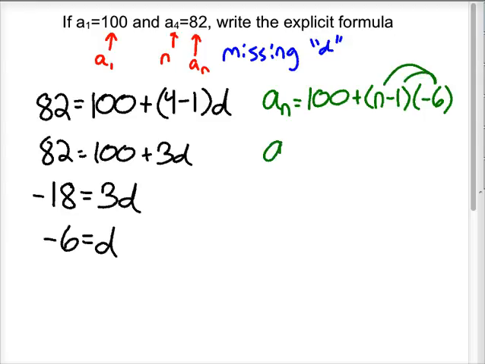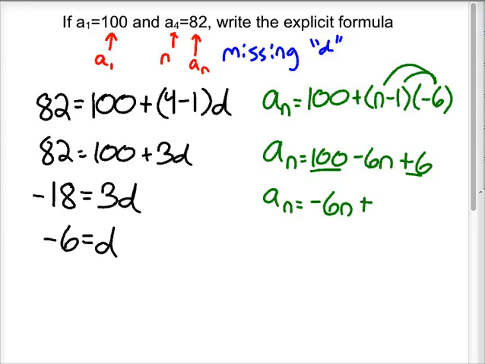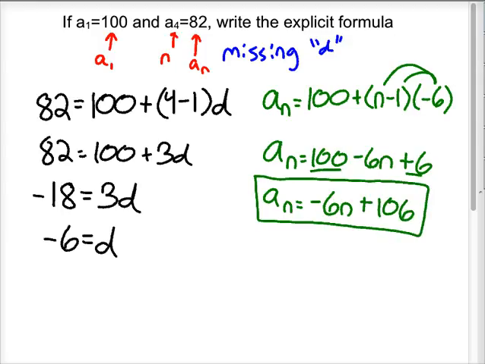I'm going to distribute that negative 6. Now be careful, negative 1 times negative 6 is a positive 6. So I get negative 6n, combine my two like terms, and that is going to be my explicit formula.